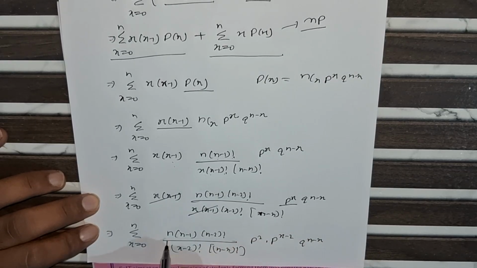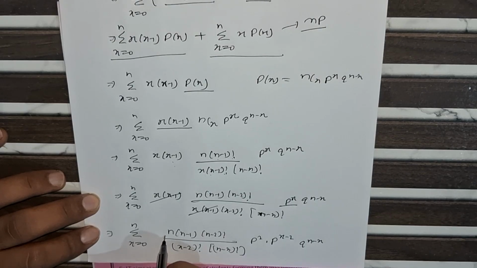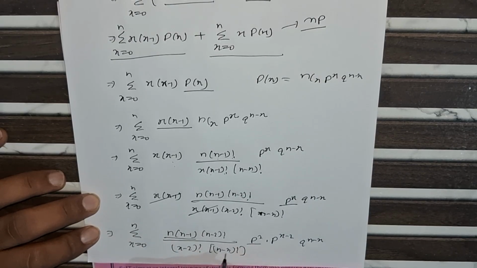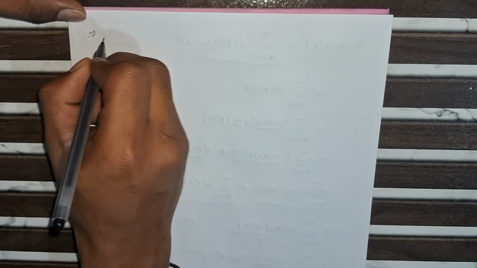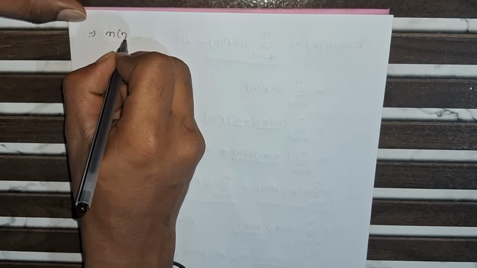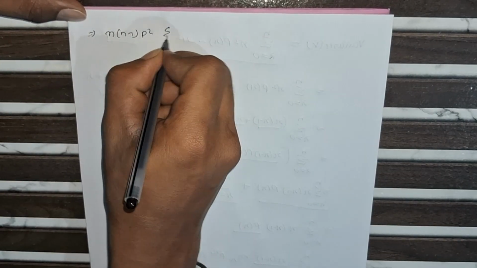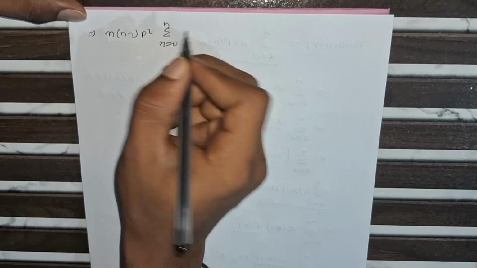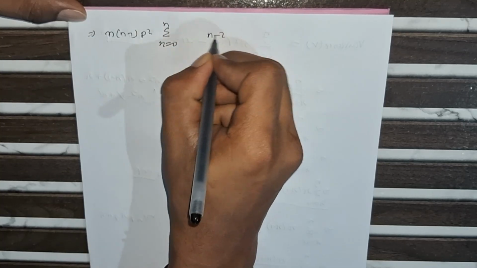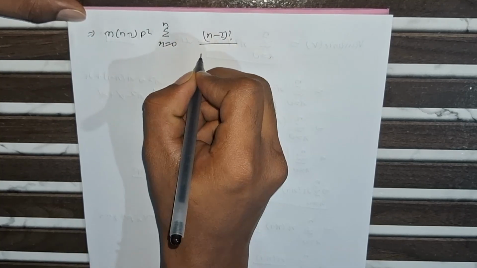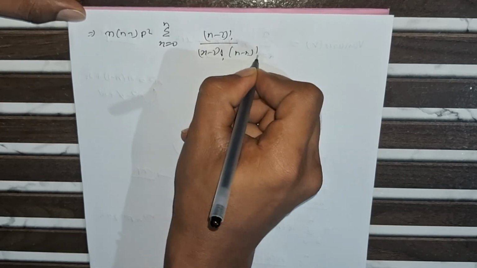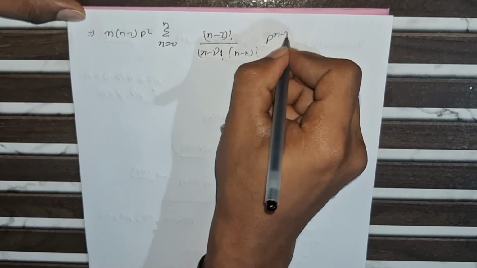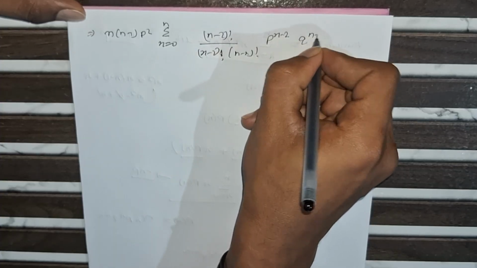So we take n into n minus 1 and p square outside from this summation. So we get n into n minus 1 p square, summation of x equals 0 to n, n minus 2 factorial divided by x minus 2 factorial into n minus x factorial, p of x minus 2, q of n minus x.